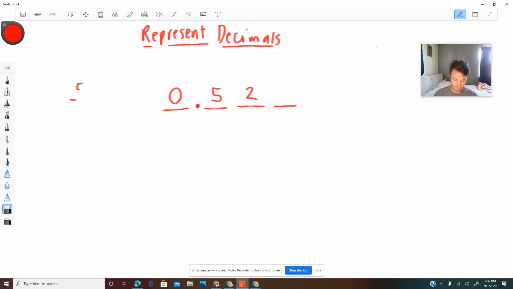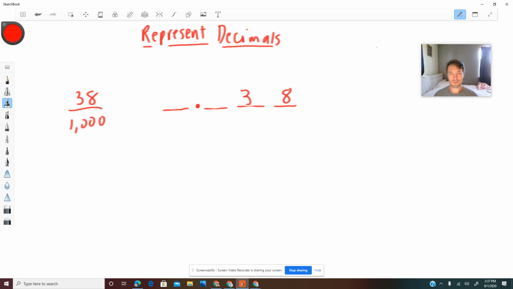Let's do another example. Let's say we had 38 thousandths. We have 38 over 1,000. Since it's over 1,000, the last digit in 38 would go in the thousandths place: tenths, hundredths, thousandths.